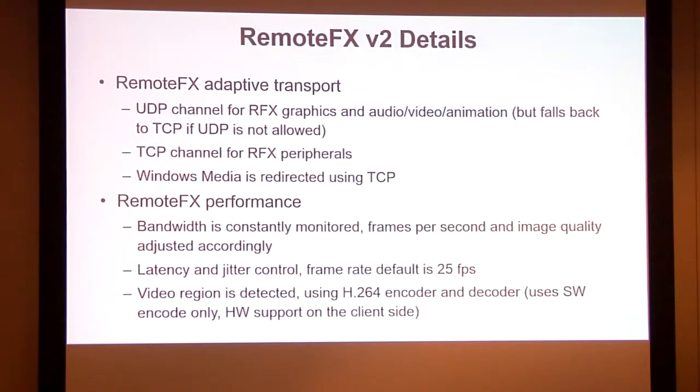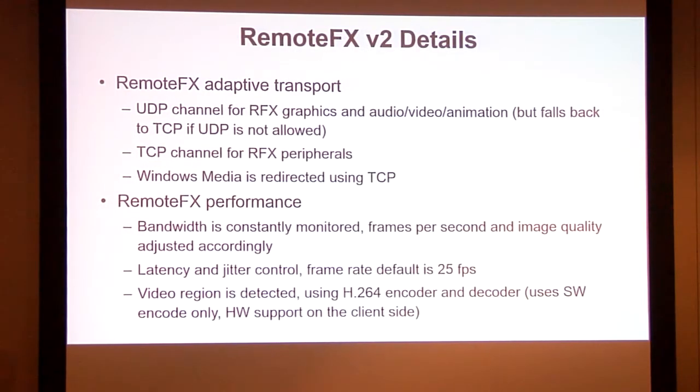And just to give you an overview of some of the details of RemoteFX, it can use UDP. That is very important, in particular for the RemoteFX graphics and audio-video animation streams. It uses TCP for the peripherals, and the media redirection is still on TCP. The good thing is that they now constantly monitor the bandwidth and adapt dynamically.